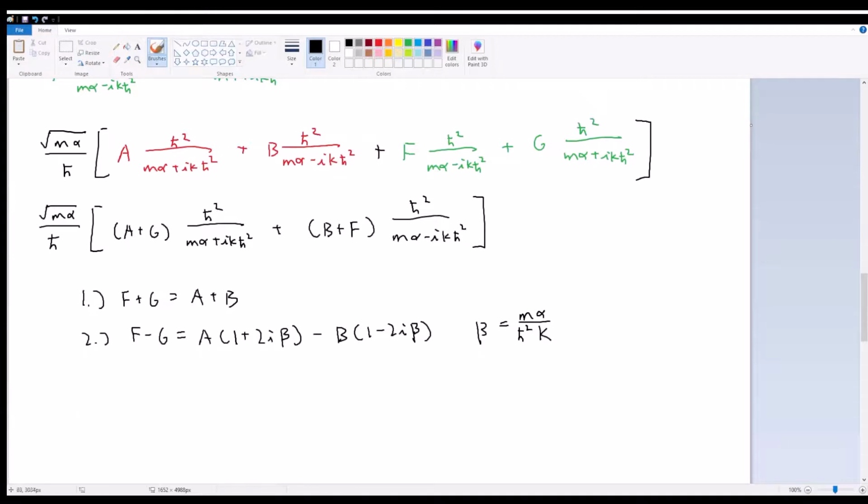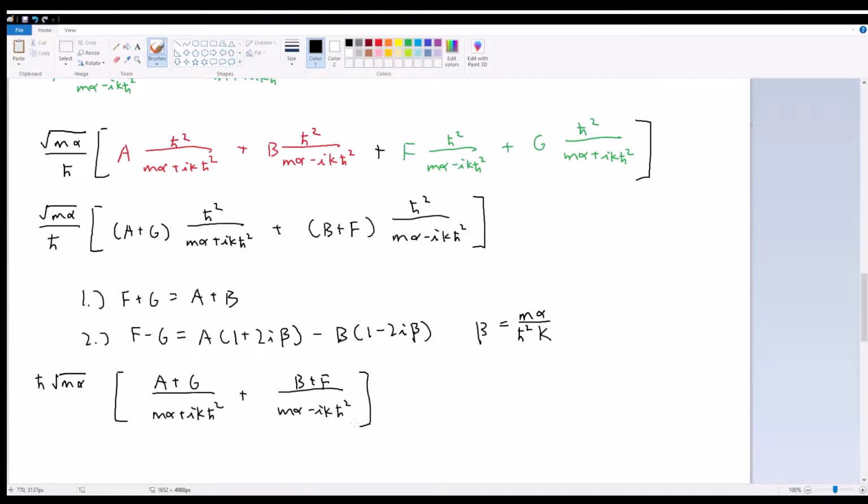So what we really have is h bar square root of m alpha, and then we have (a plus g) divided by (m alpha plus ik h bar squared) plus (b plus f) divided by (m alpha minus ik h bar squared).